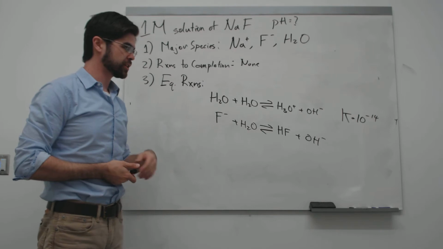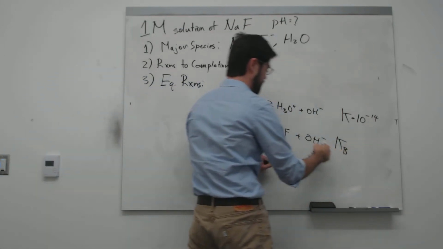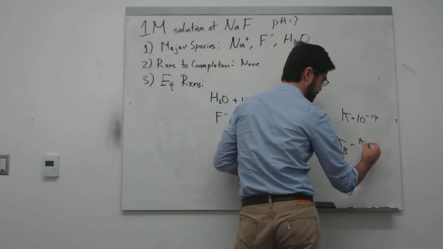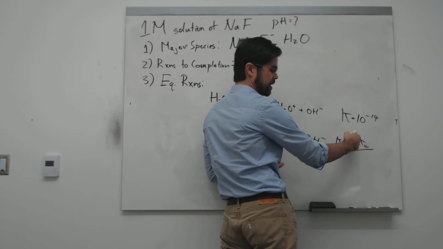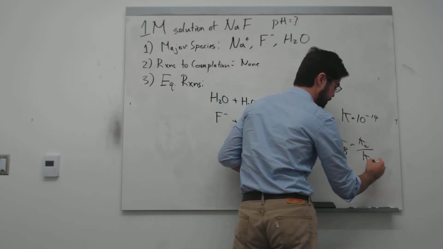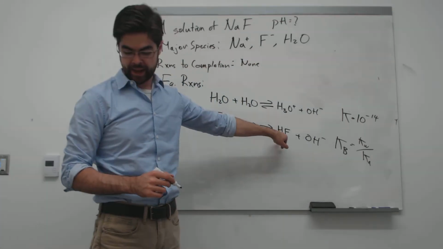So this reaction's equilibrium constant, the Kb of the fluoride, should be equal to the autoionization constant of water divided by the Ka of hydrofluoric acid.